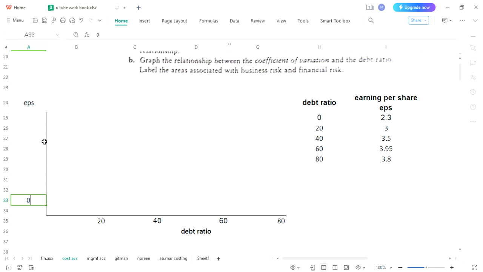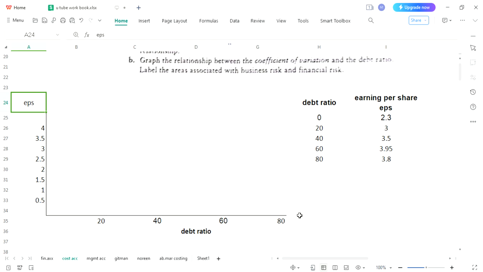So we are taking 0.5. Then 1.5, 2, 2.5, then 3, 3.5, then 4. The maximum need has been fulfilled. Align them to the right side. These are the points on the y-axis presenting EPS.